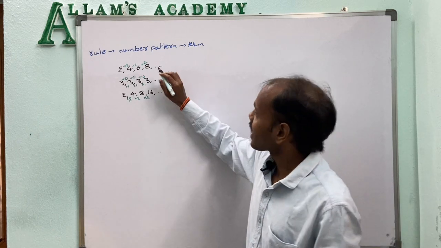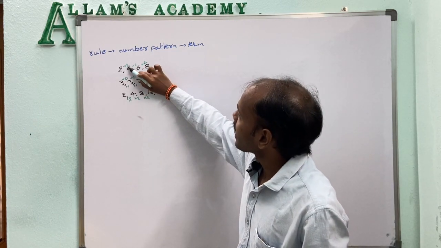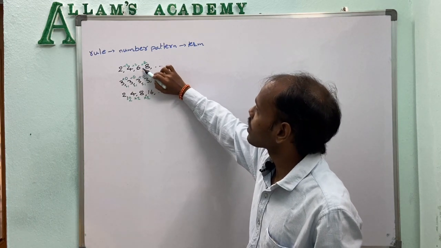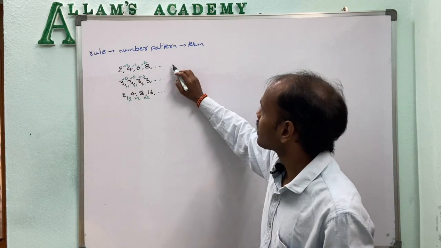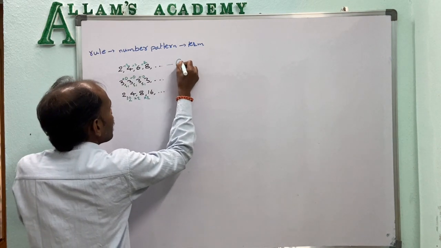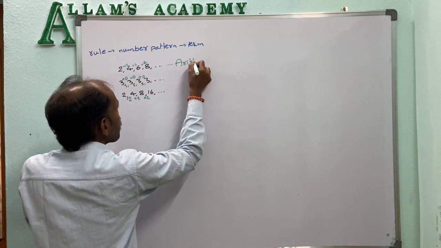So when we add a common number to get each subsequent number, this type of number pattern is called an arithmetic progression.